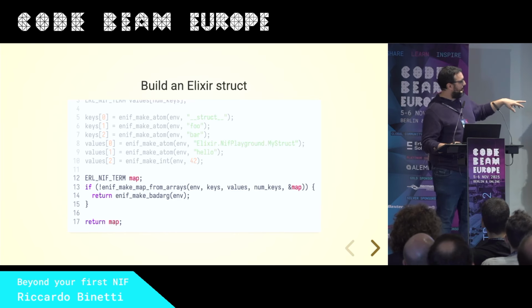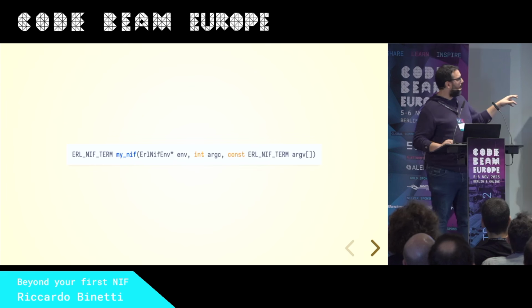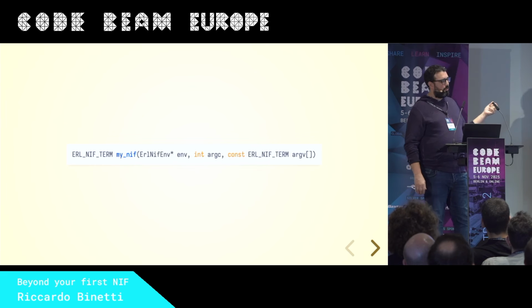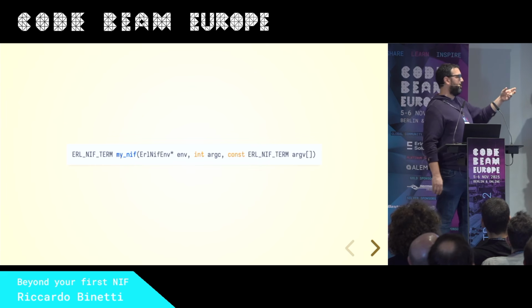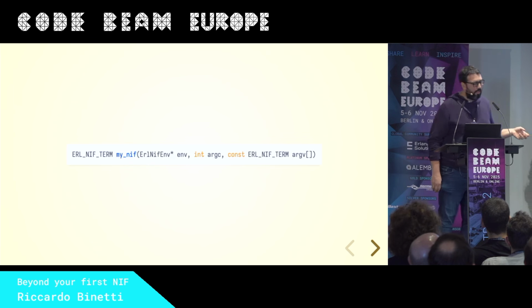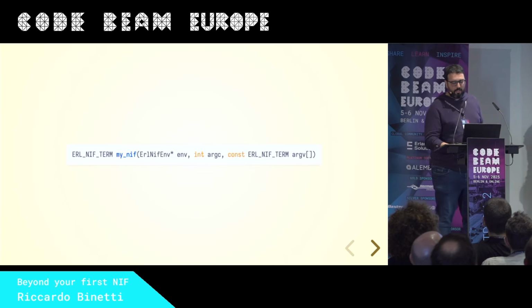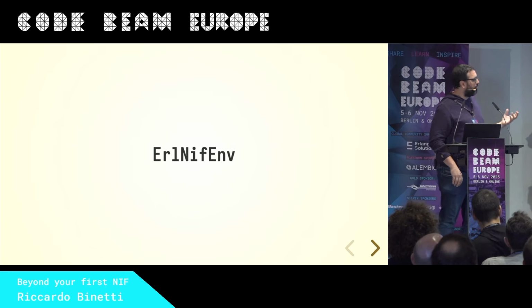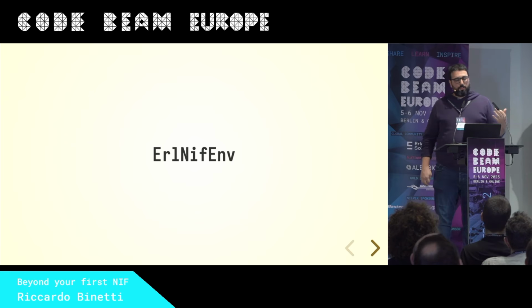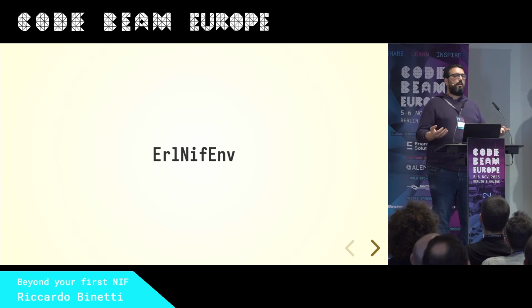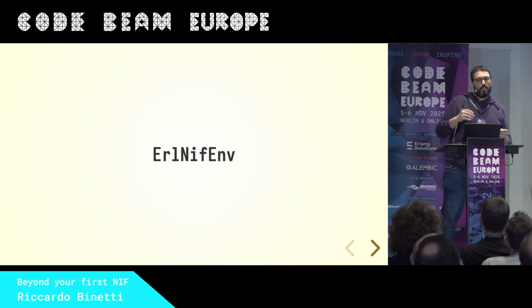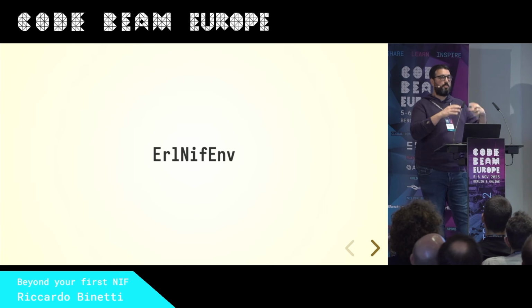Now, there is a piece that, if we go back to the signature, we ignored until now, but it appeared in basically every function call, and it's that env variable. That env variable is of type ErlNifEnv, and it's very important because the environment is the place where all the terms live.